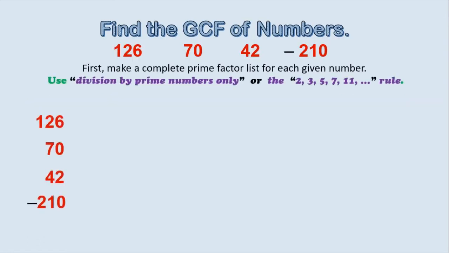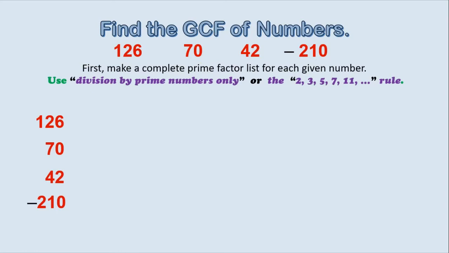To find the GCF of the given numbers, make a complete list of prime factors for each number. This technique, called division by prime numbers only, strictly specifies using prime numbers as divisors to find the GCF.